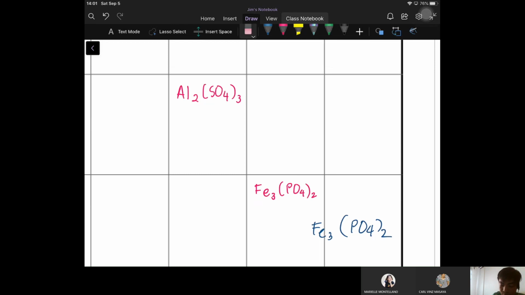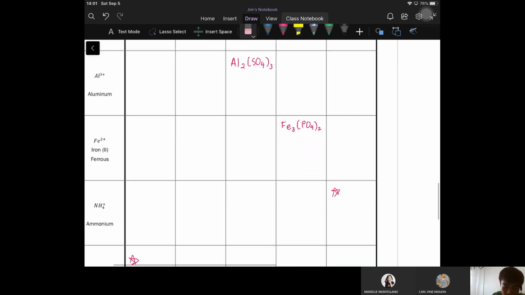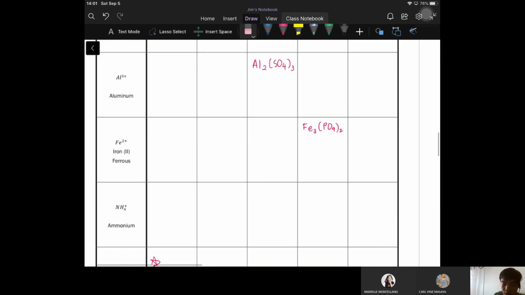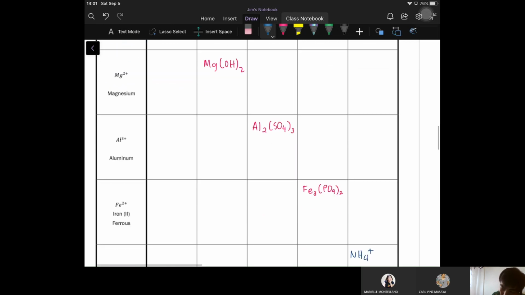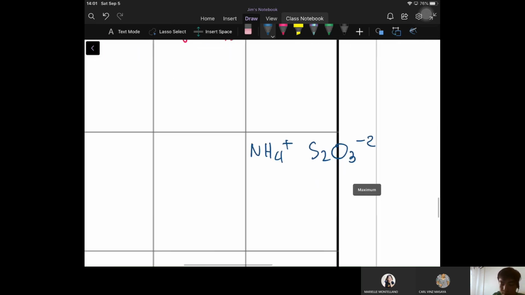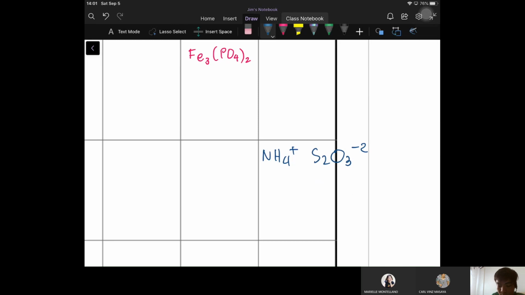Okay, so and second to the last, no? NH4 and, what was that? Okay, so let's have this. NH4 positive and S2O3 negative 2. Okay, so recognize that your cation is a polyatomic cation.